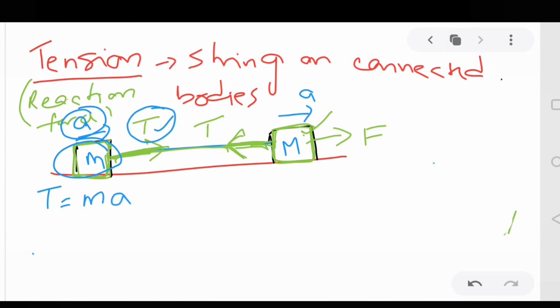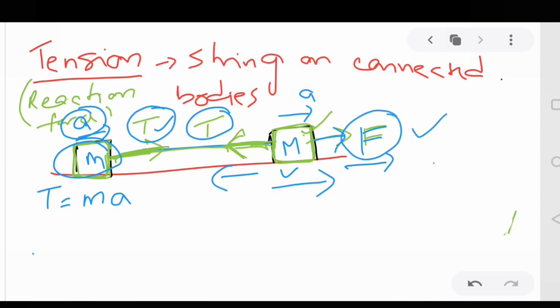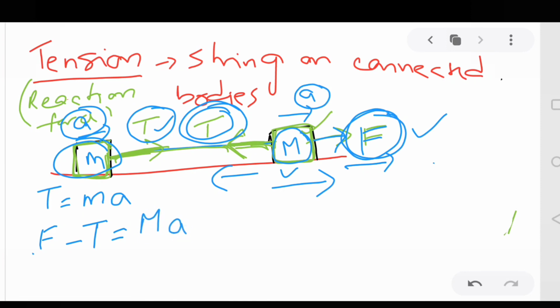Now for the other block, of mass capital M, it is acted upon by force capital F in the forward direction and tension T in the backward direction. But the block is moving in the forward direction, so F has the greater magnitude. The net force on capital M will be F minus T, the difference of these two forces because they act in opposite directions. So F minus T is equal to mass times acceleration. Both the blocks are moving with the same acceleration.